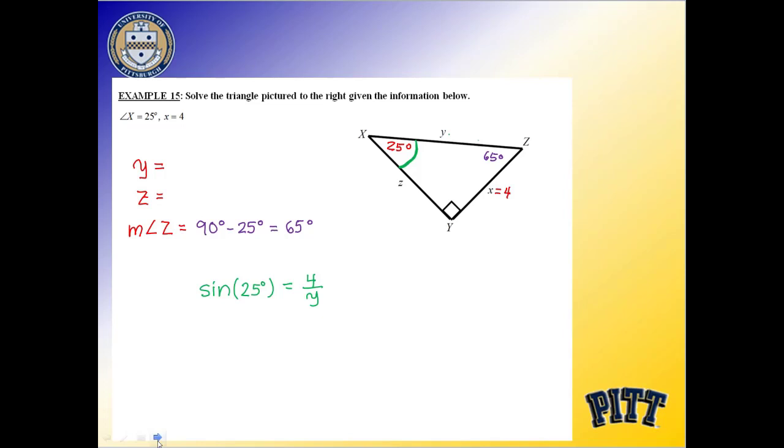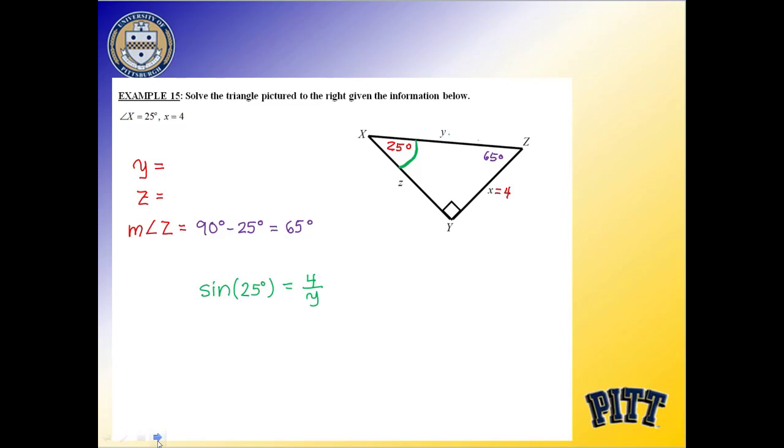And since I'm looking for side y, I know the side opposite, so I want to make sure I'm using a trig function that has the opposite leg involved. So I'm down to either sine or tangent at this point. And y happens to be the hypotenuse.